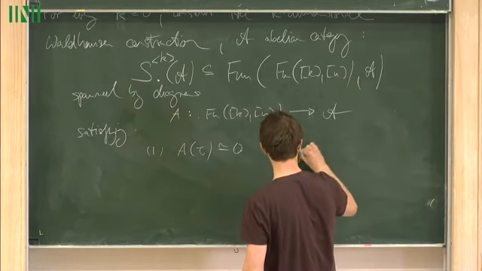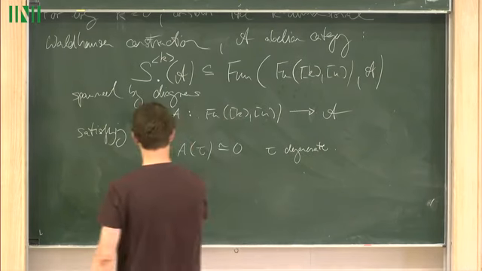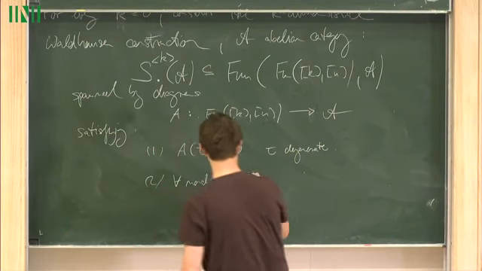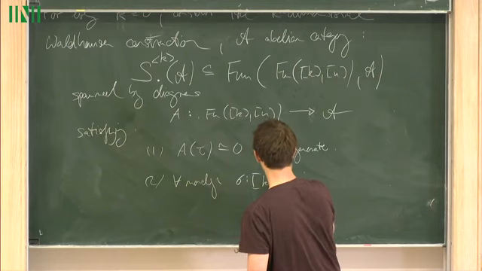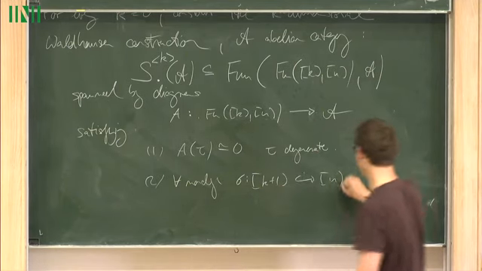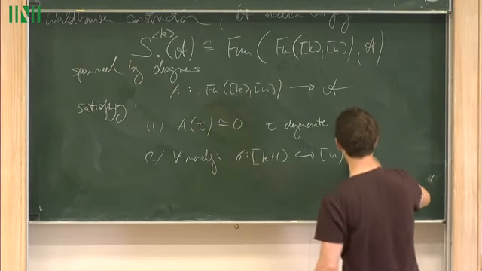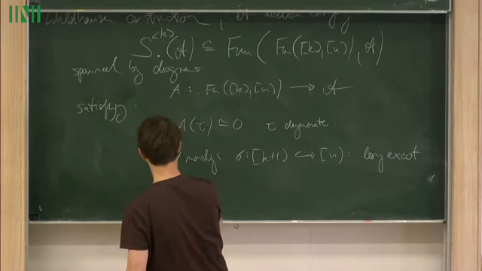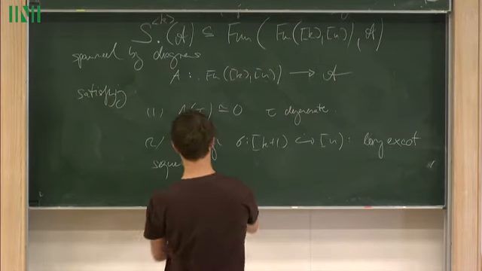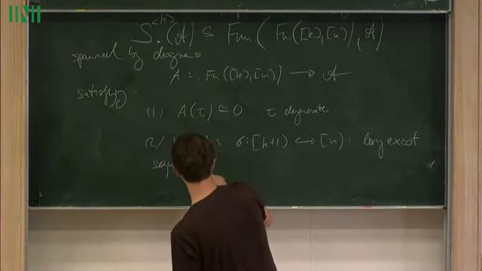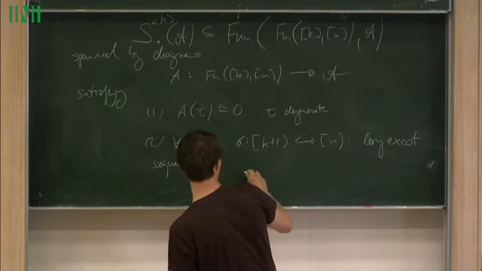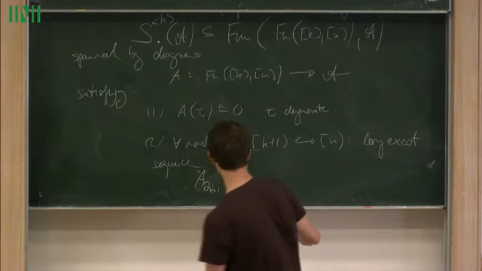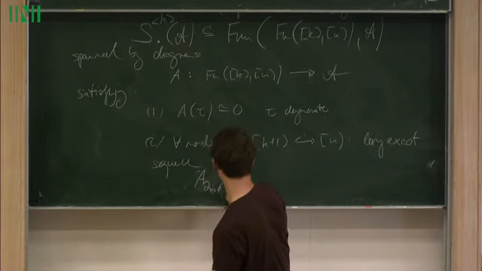Second condition, for every non-degenerate, so that means injective map of a k+1 simplex inside N, we get a long exact sequence, which is given by del k+1 of the simplex.